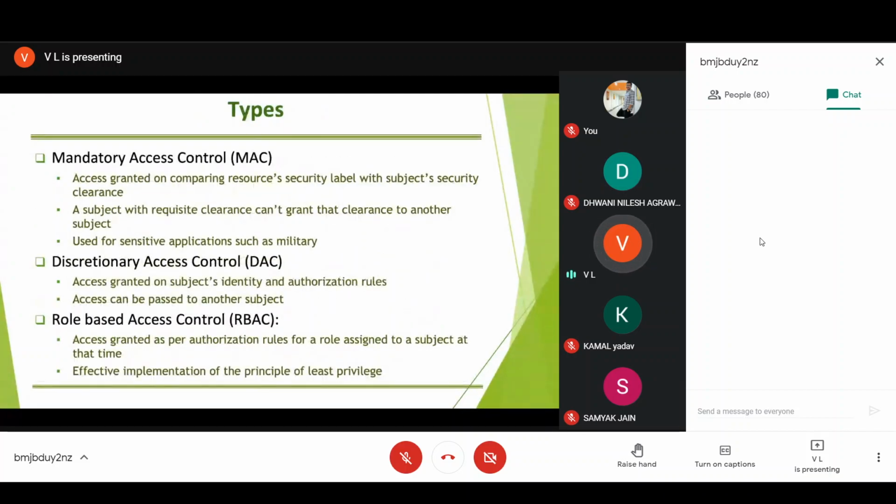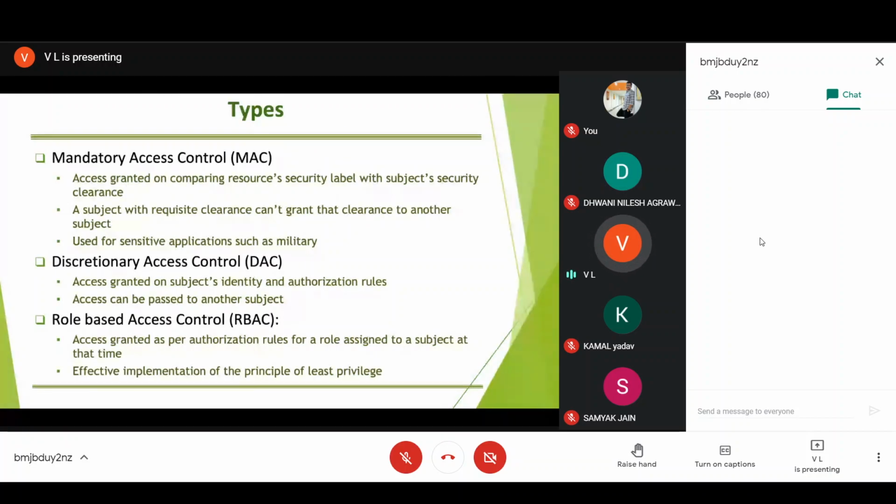Now, an access control system can be mandatory access control, discretionary access control, or role-based access control. What do we mean by mandatory access control? In this case, the access control mechanism has predefined security clearances.